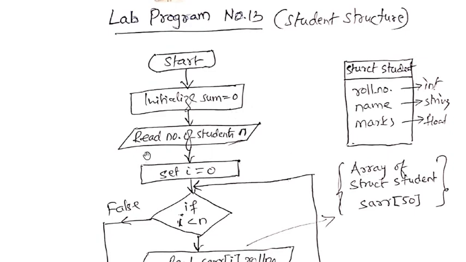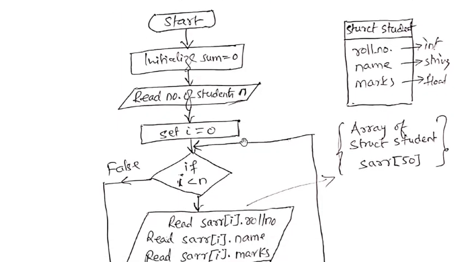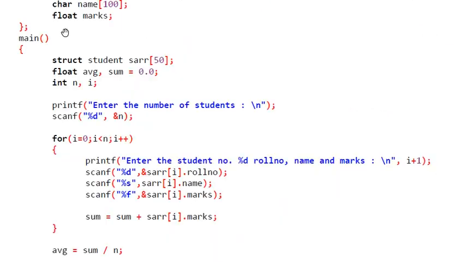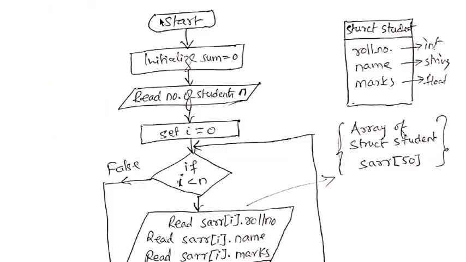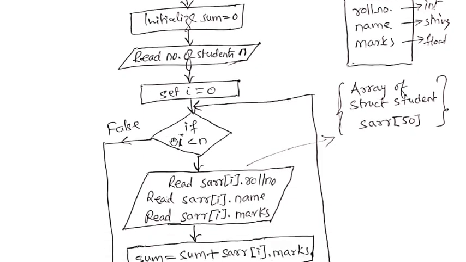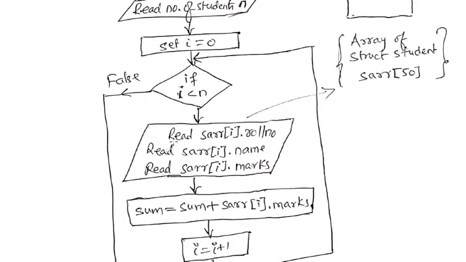Read the number of students n, then we start with the loop. The first instruction is i is equal to 0. So you can see here, set i is equal to 0, and then this is the loop, we check the condition if i is less than n.